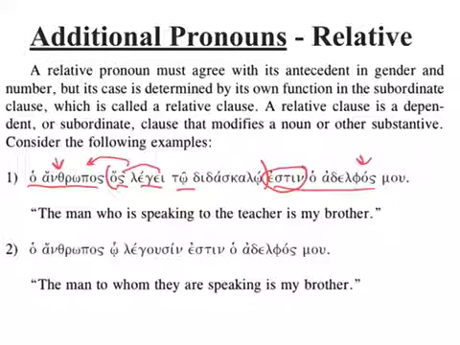And the second example is just a case difference. The man is my brother. You have, in the dative case, to whom. You have legousin.